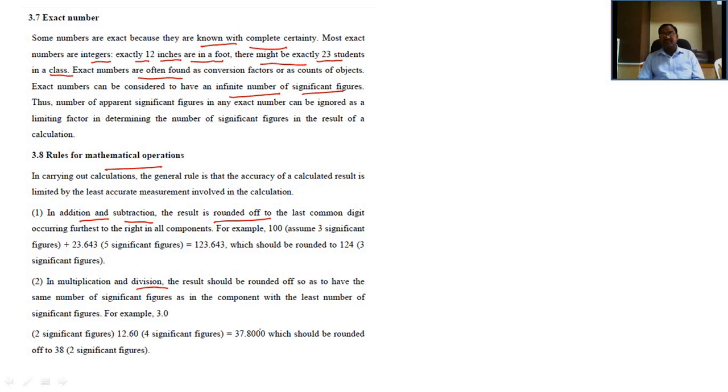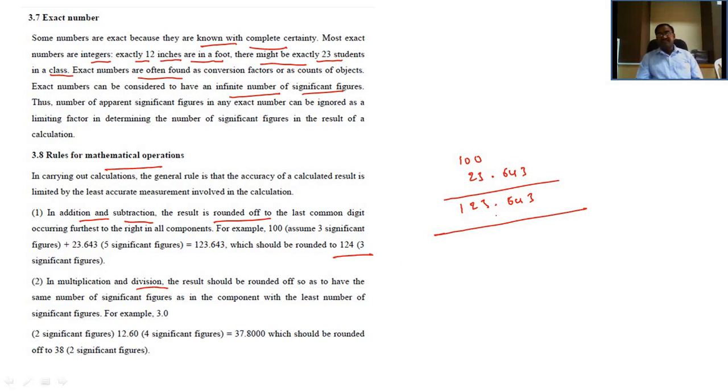For example, 100, which has 3 significant figures, plus 23.643, which has 5 significant figures. Just adding them gives 123.643, which should be rounded off.